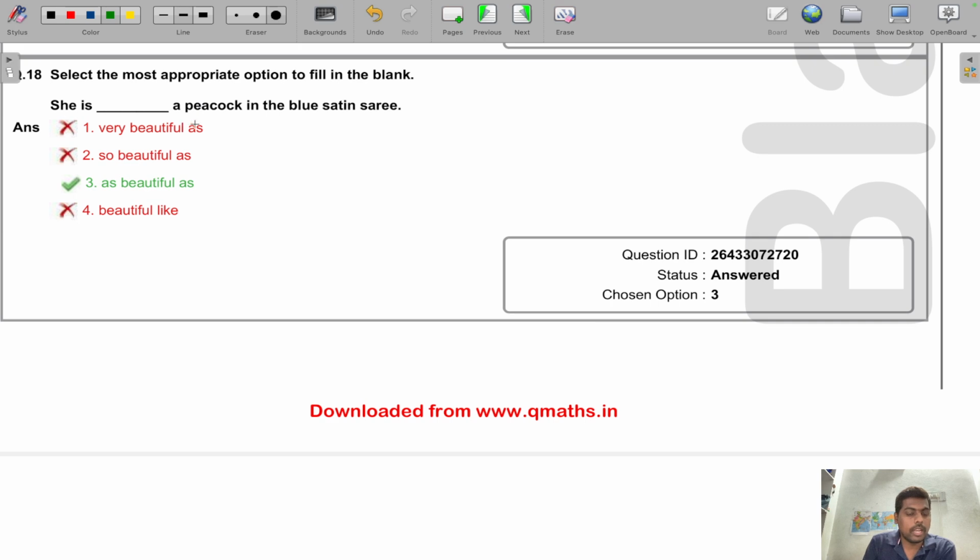"She is dash a peacock in the blue satin sari." Guys, there is a direct rule: with the conjunction "as", between the two "as" words it should definitely be an adjective only. So it should be "as beautiful as".